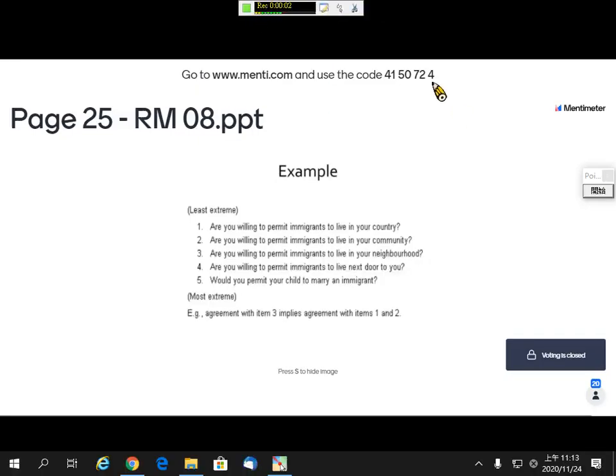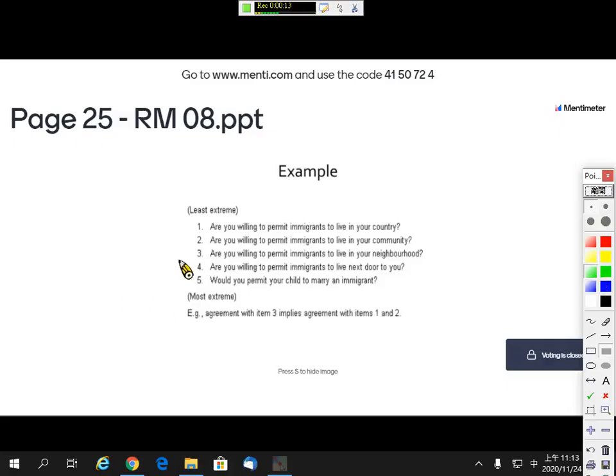Okay, let's see this one. We say that the Guttman scale is very difficult to construct because it assumes one thing: if you answer, let's say, 3, then you should be able to agree to 1 and 2, right? So, for example, if you are willing to permit immigrants to live in your neighborhood, then you should be able to agree to live in your country, live in your community.